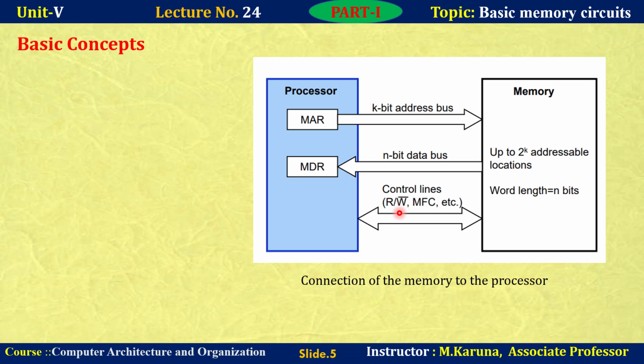Because of the read operation, this control signal will be active high. R is an active high signal, W bar is an active low signal.